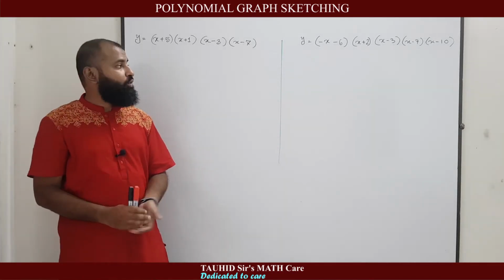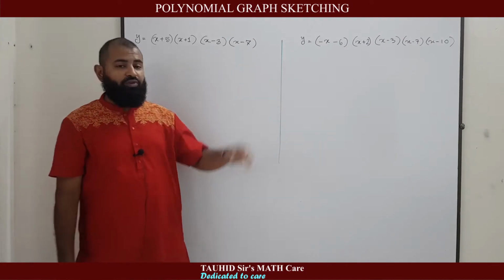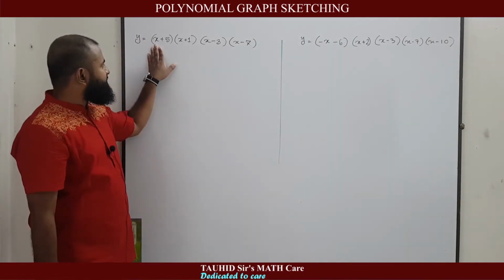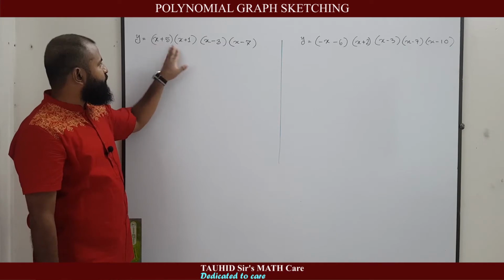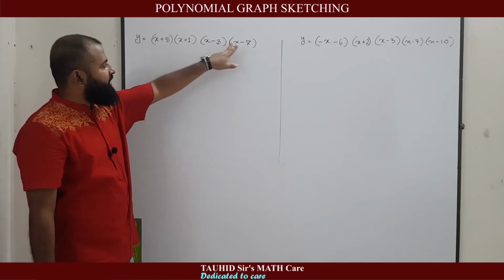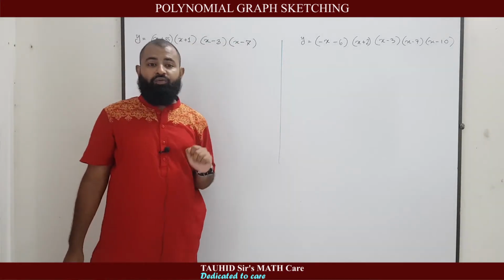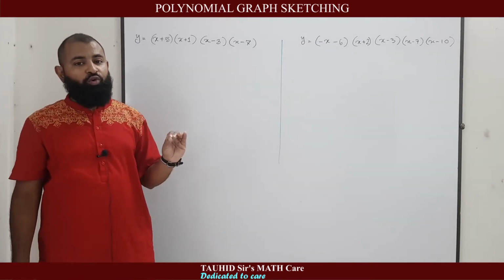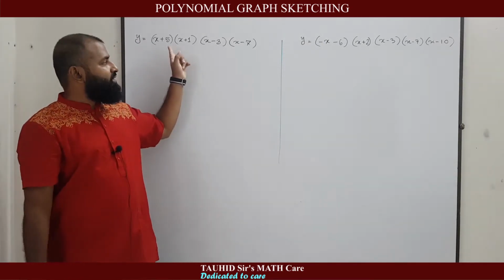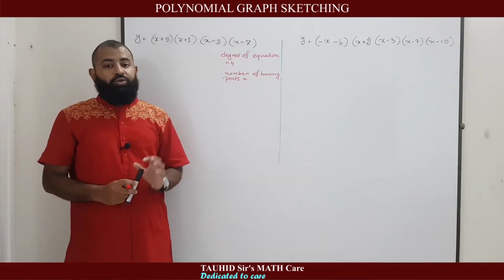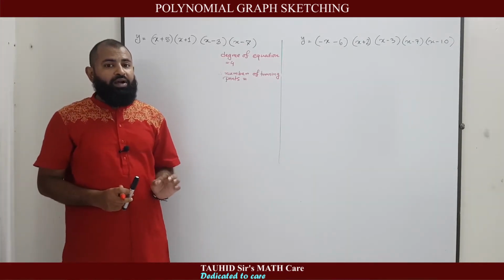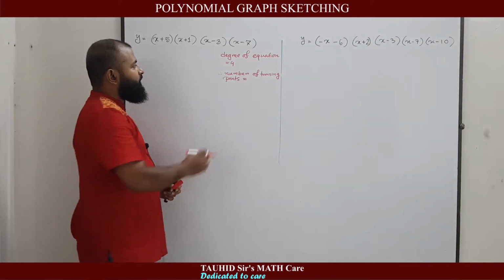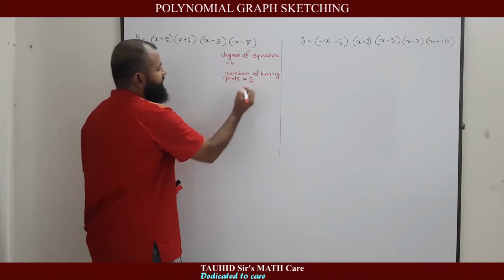Here on the board you can see two examples given for you. Here the maximum power of x is 4: x multiplied by x multiplied by x multiplied by x. There are 4 x's here, so if we multiply them we get x to the power 4. So the degree of this equation is 4, and the number of turning points will be 4 minus 1, that means 3.